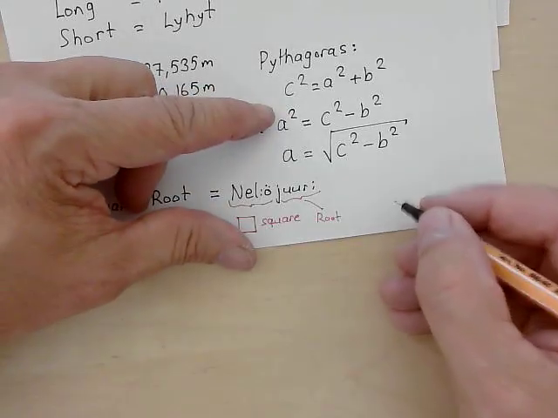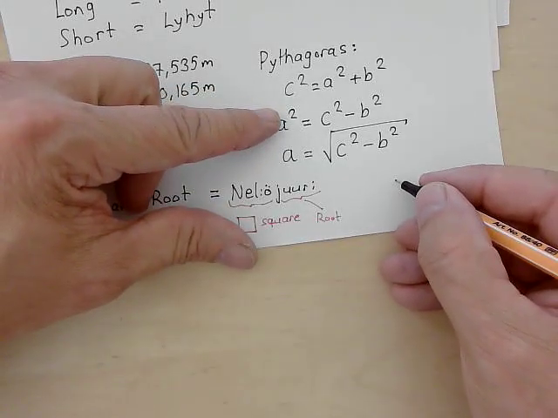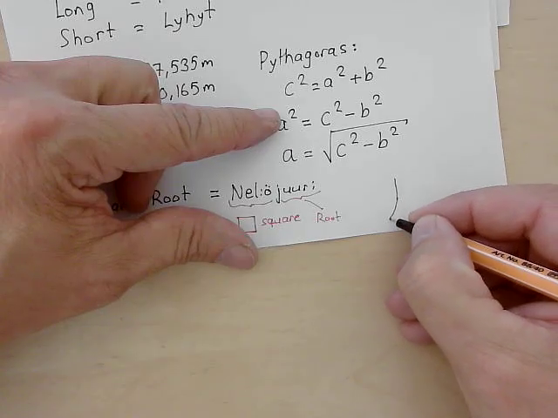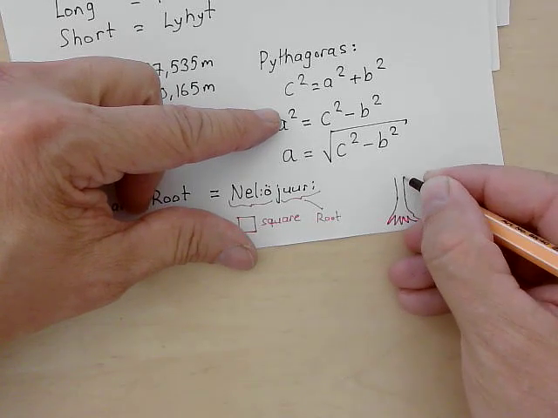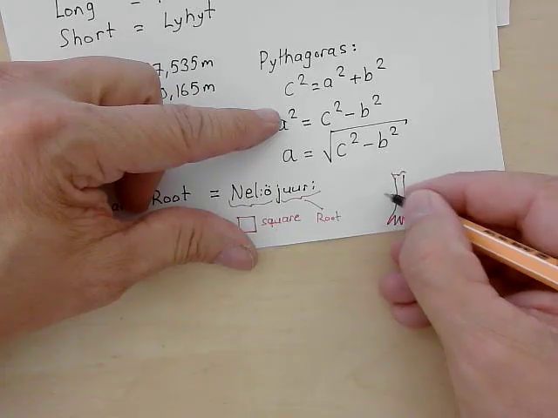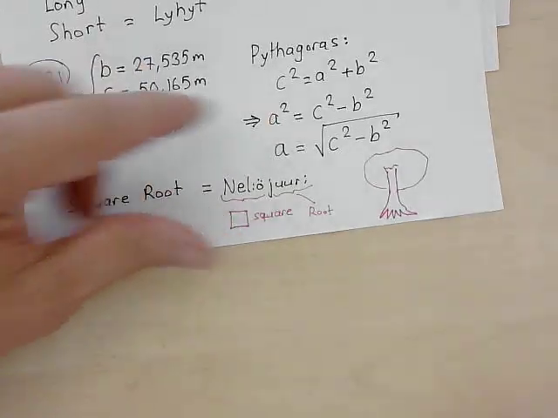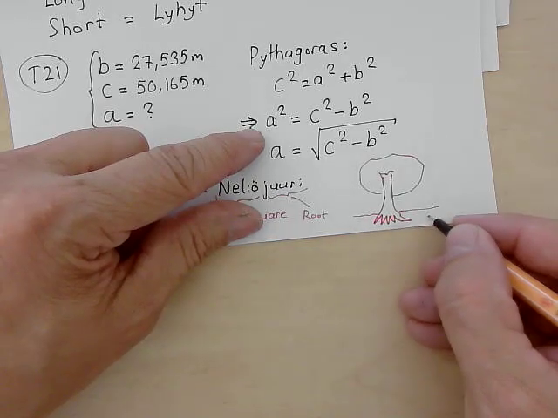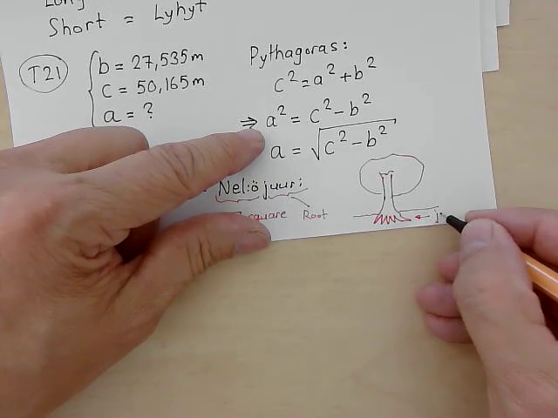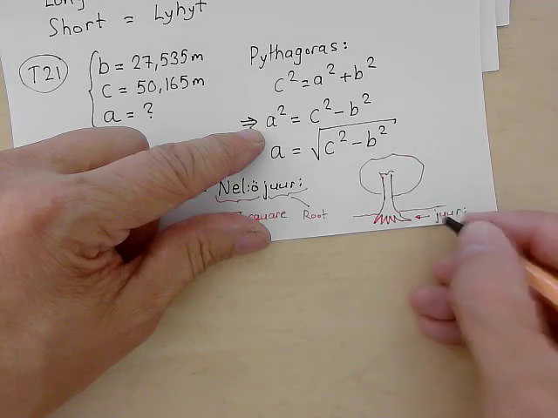But in Finnish, I try to draw a tree which has its roots here. I'm a bad drawer, but let's think this is a tree. So there is a ground here, and this is a juuri, root.